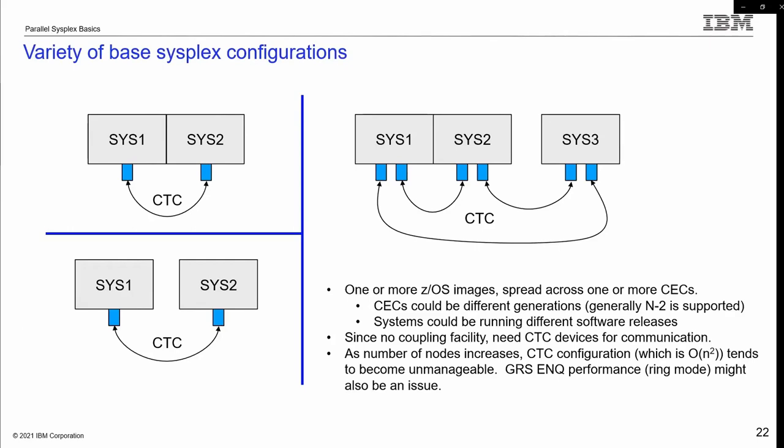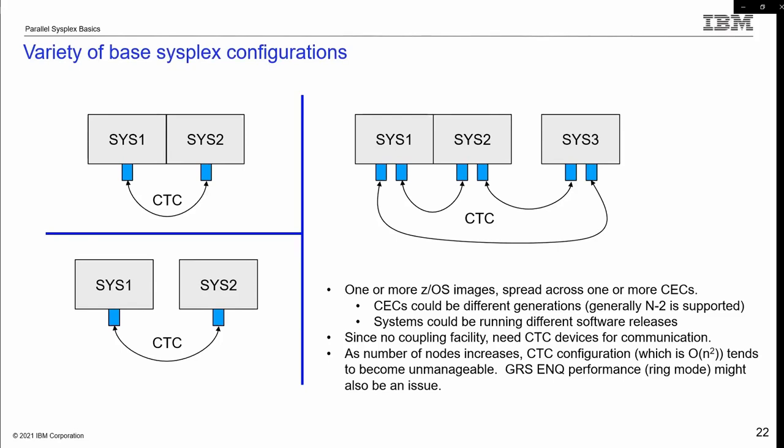On the right, of course, you can mix and match and have multiple systems in a Sysplex, some that reside on the same CPC and some that do not. So by doing so, again, you can improve availability by having more systems within the Sysplex, of which some of them are on different CPCs or mainframe boxes and others are on the same one.